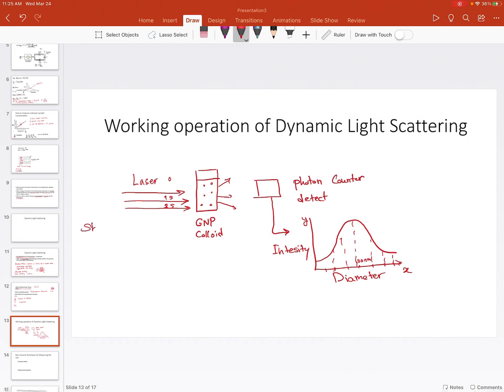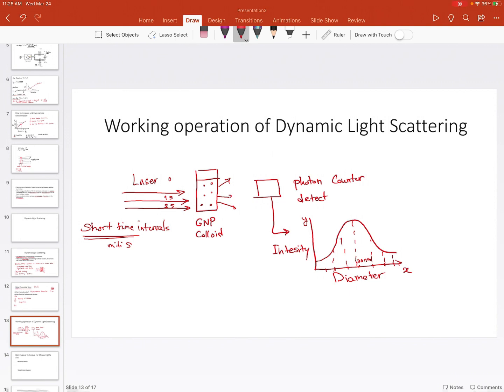So we are repeatedly shining this laser light at short time intervals, and by short we mean around a millisecond. To measure the diffusion speed, a speckle pattern is produced by illuminating the particles.